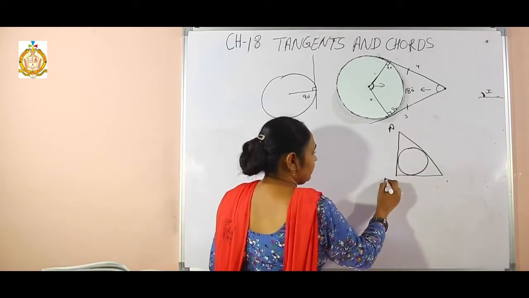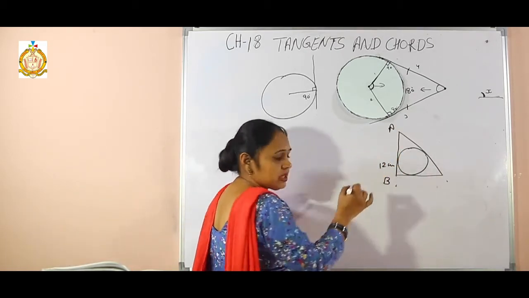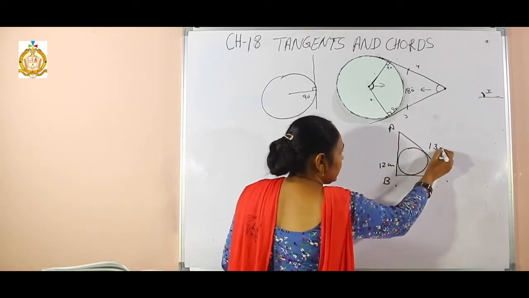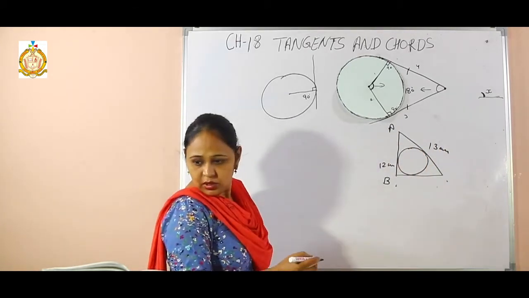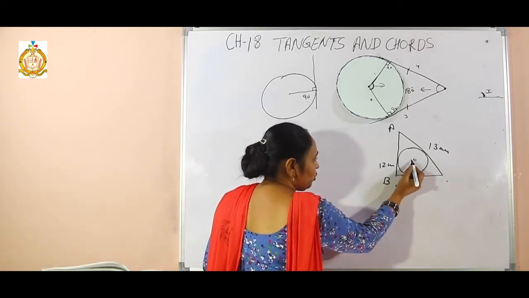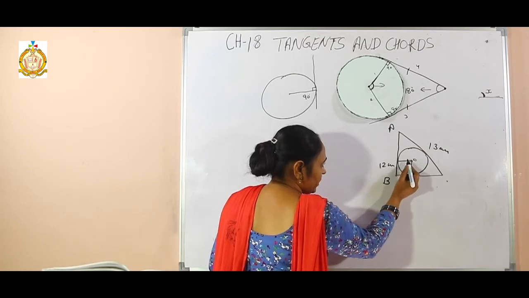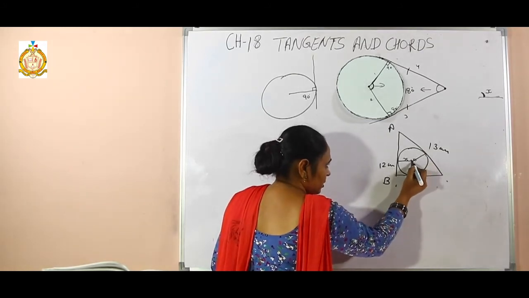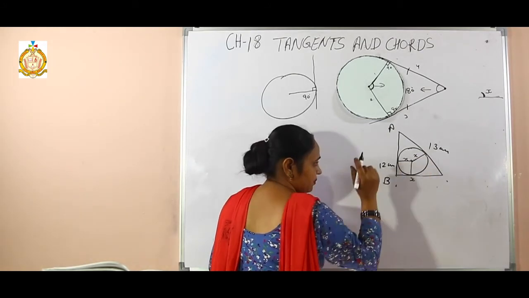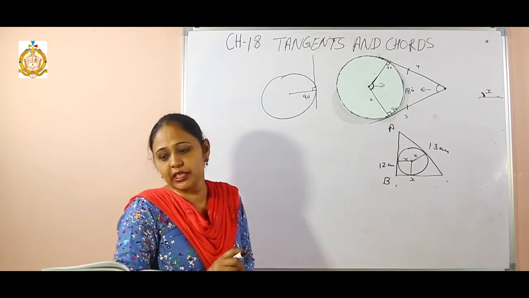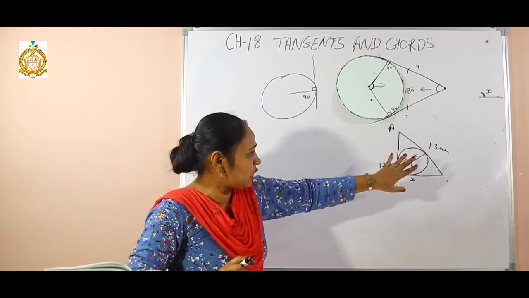Now, AB is 12 centimeter, this is given. Then this AC is 13 centimeter. And there is a center point O of the circle. Here is X, here is X, here is also X. This is given. Then we want to find the value of X, the radius of the inscribed circle.